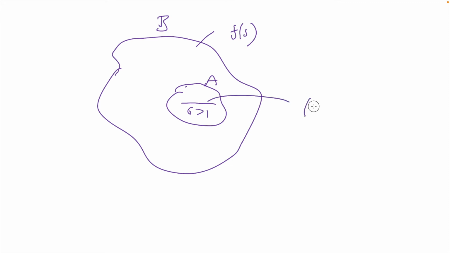So f(s) here is 0, and therefore it must be 0 here too, because it's a continuation of it. It's a generalization. So if this is 0 everywhere here, then it's 0 here.